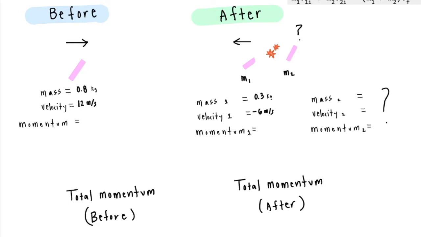So P initial equals mass times velocity. And it's just 0.8 times 12, and I get 9.6.